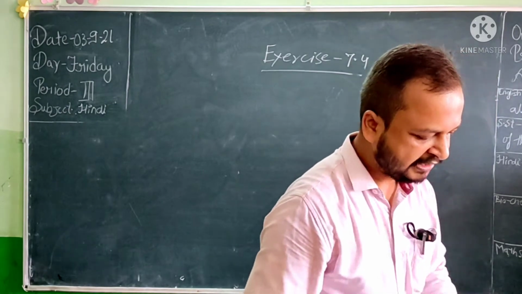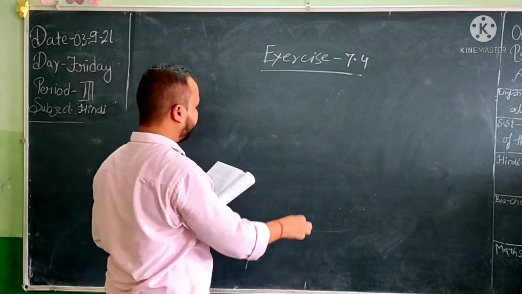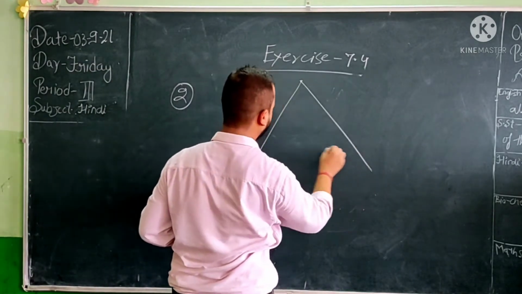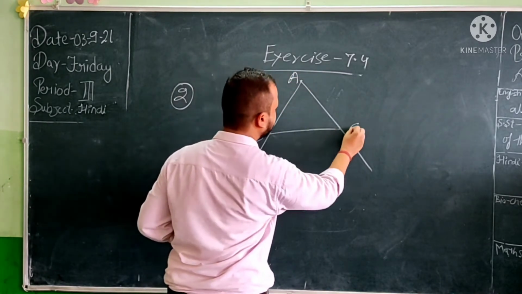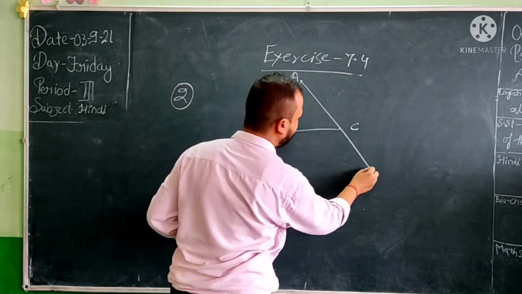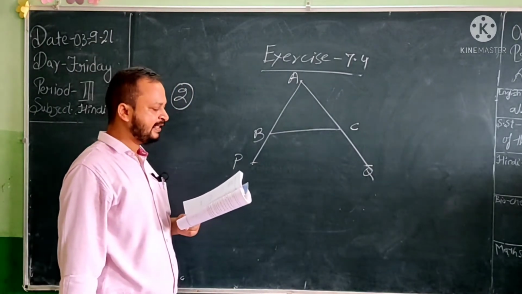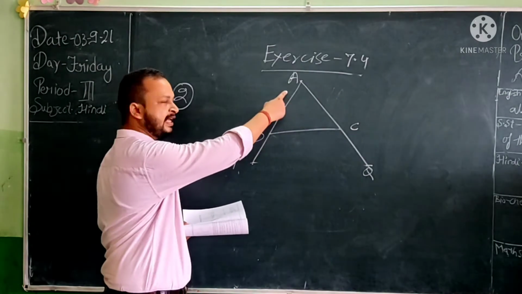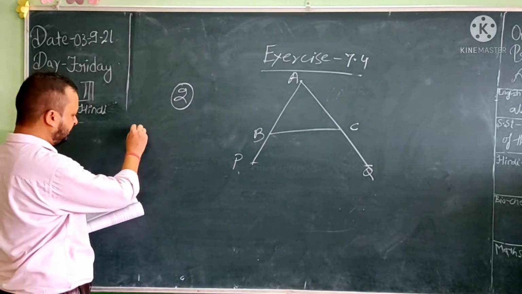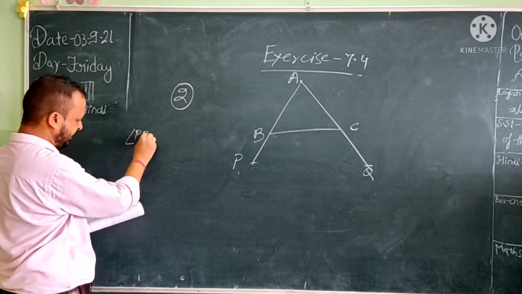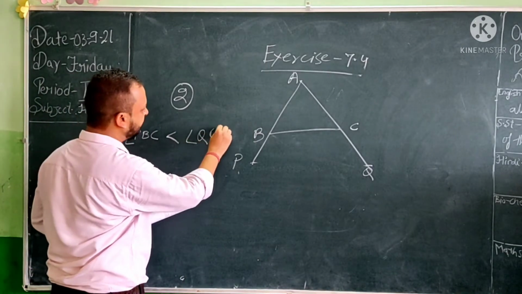So here in the second question, the figure is here A, B, C, and this is P and Q. Now it is given that sides AB and AC of triangle ABC are extended to P and Q, and it is also given that angle PBC is less than angle QCB.